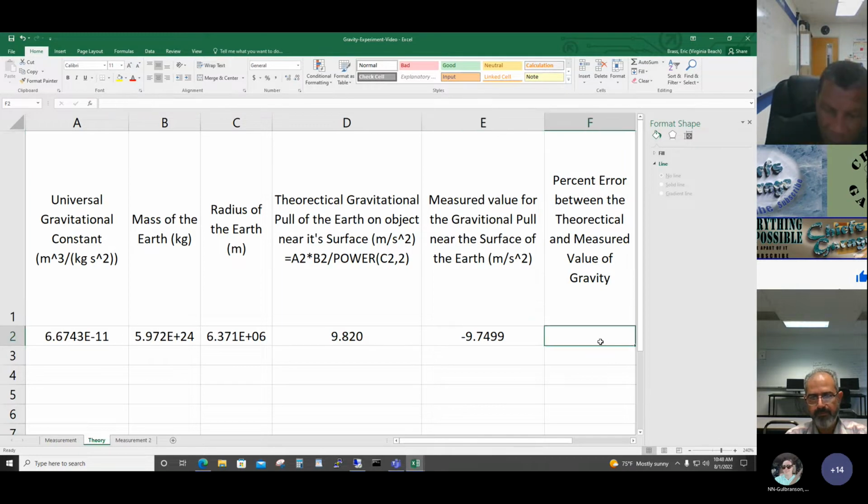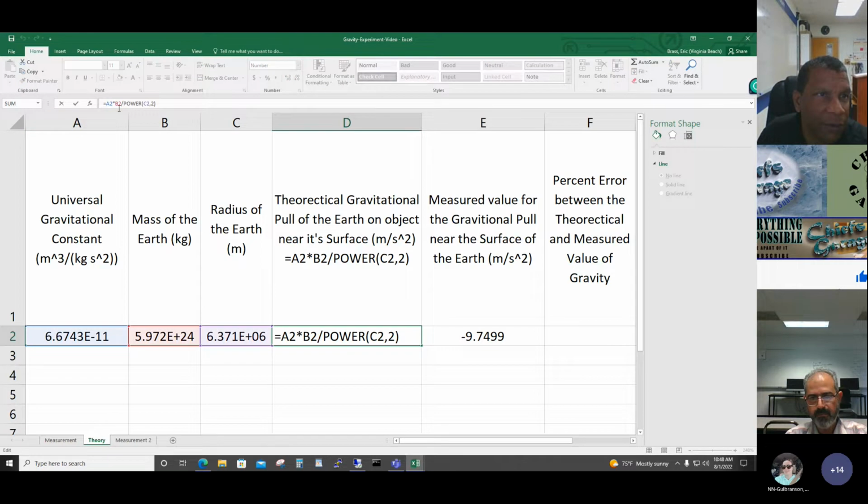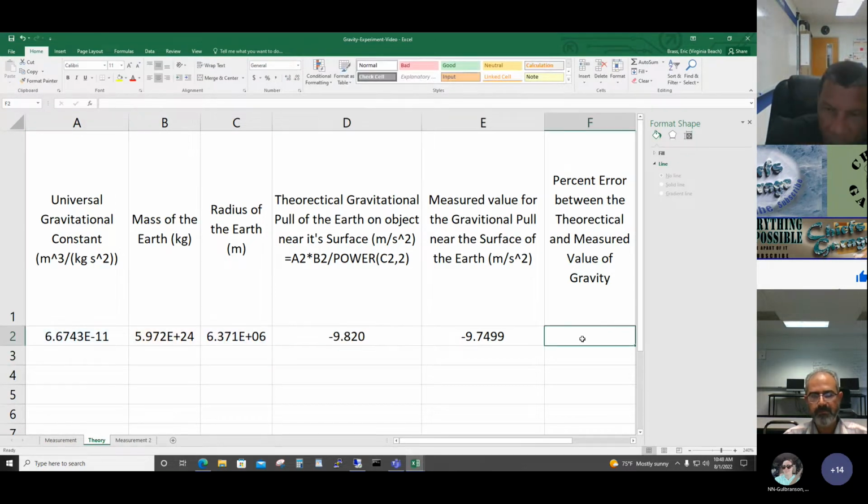All right. So we know that this is just going to be equal to our ABS of, and this is actually going to be a negative sign here. So this is going to be equal to ABS.